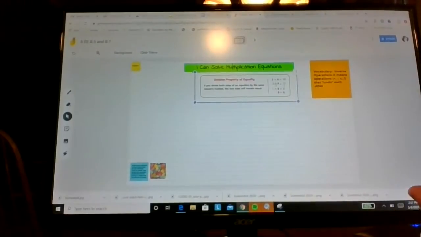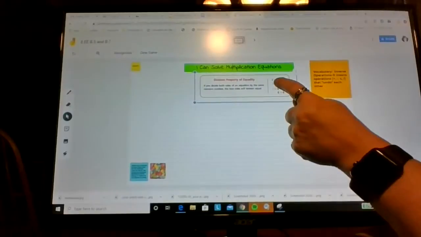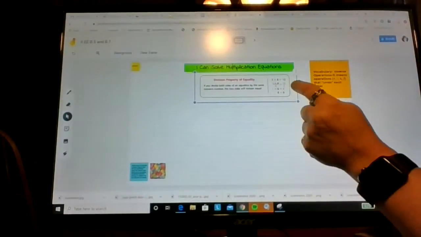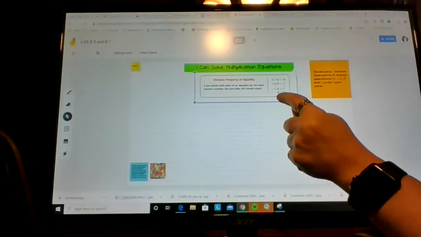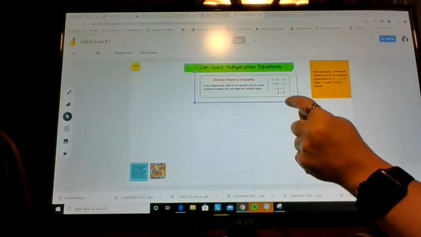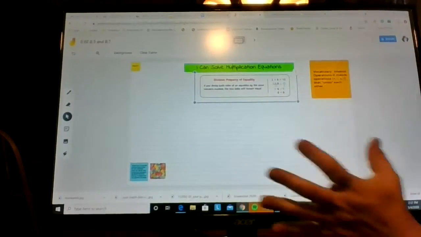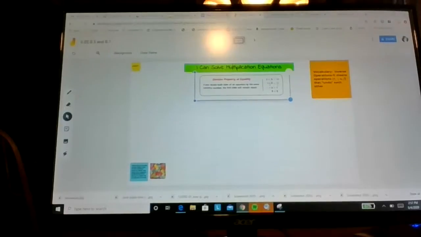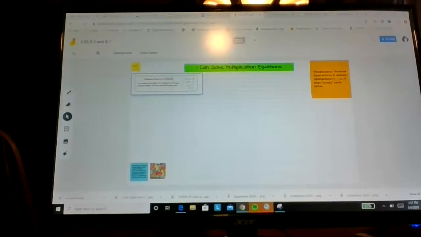Now, it seems silly to divide both sides by 2, but if I divide this side by 2 and the other expression by 2, 1 times 6 is 6, and 12 divided by 2 is 6. That's that whole idea that whatever I do to one side, I have to do to the other. So we're going to apply this property right now to what we're going to be doing today.